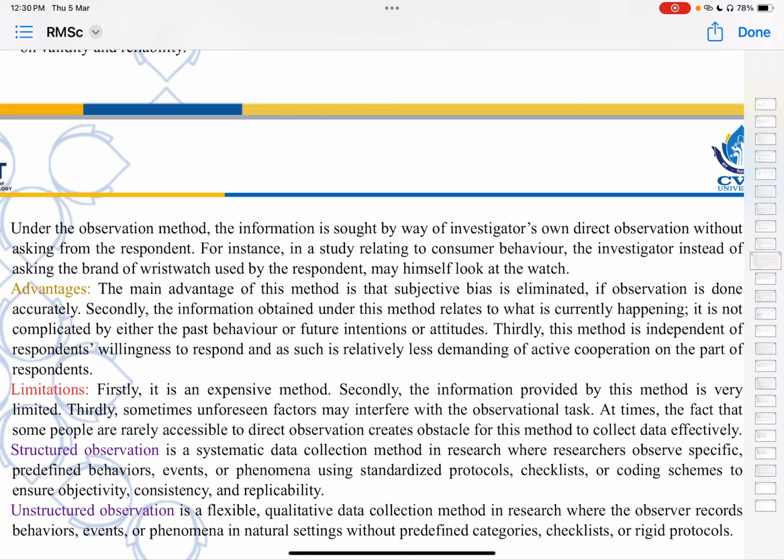Secondly, the information obtained under this method relates to what is currently happening, so it is not complicated by either past or future. Third, this method is independent of respondents' willingness to respond and as such is relatively less demanding of active cooperation on the part of the respondent.